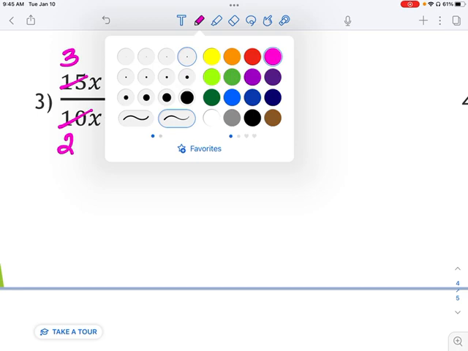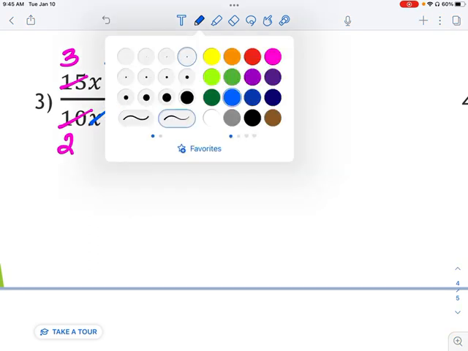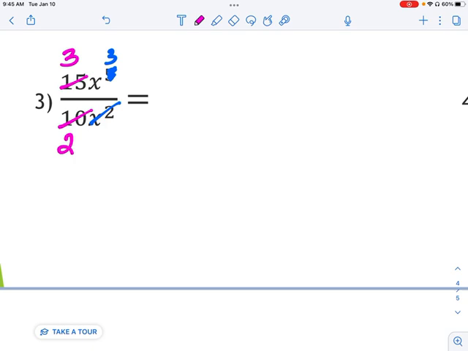The next thing I look at is my x's. So I have x to the 5th, meaning I have 5 x's in the top. I have 2 in the bottom. So these two are going to cancel with 2 of the 5 and make that x to the 3rd. So my final answer then would be 3x to the 3rd all over 2.